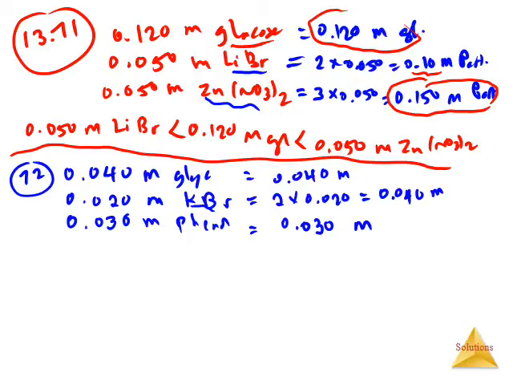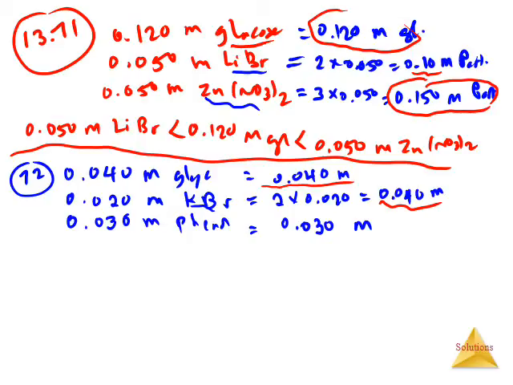Okay, now look for the highest concentration of particles. That's 0.040. You have two numbers the same. So the value would be the same for glycerin and KBr, and phenol has 0.030. Now keep in mind, these solutes are going to depress the freezing point from 0 degrees centigrade to a lower value.